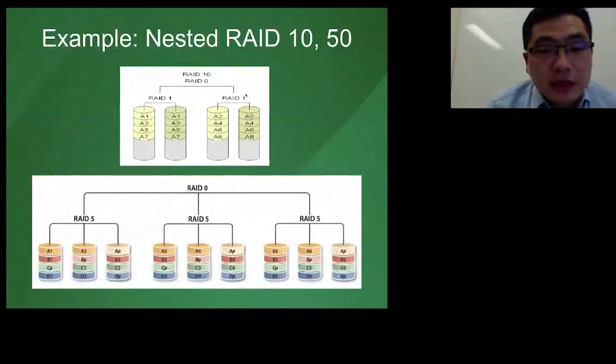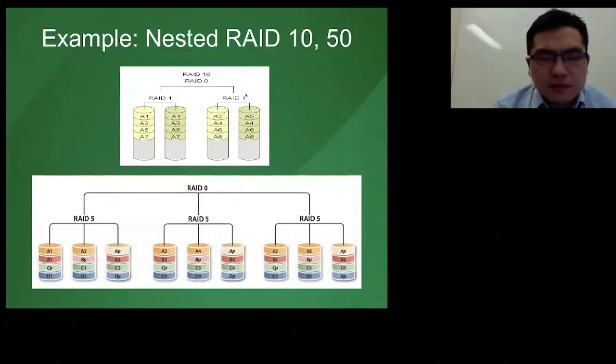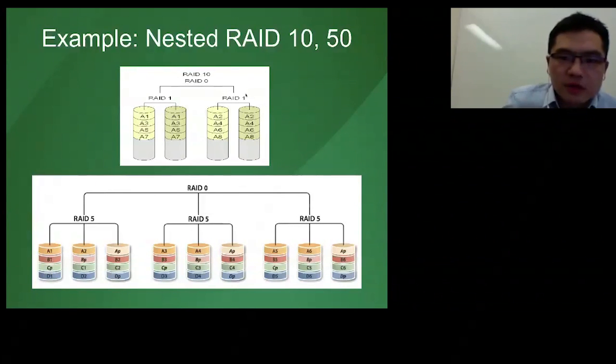Nested RAID is something like, for example, we can do RAID 1 at first, then do RAID 0. That means we can stripe data across disks, then do mirror of them. Similarly, RAID 5+0, we do RAID 5 at first, then 0 later.